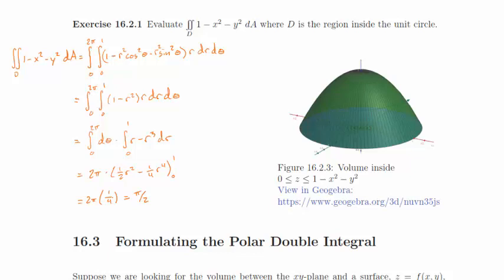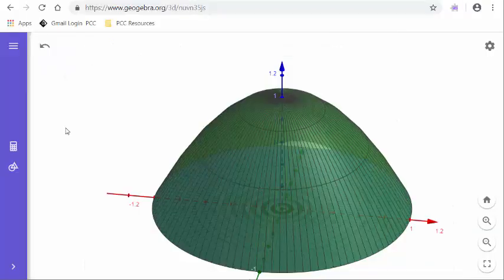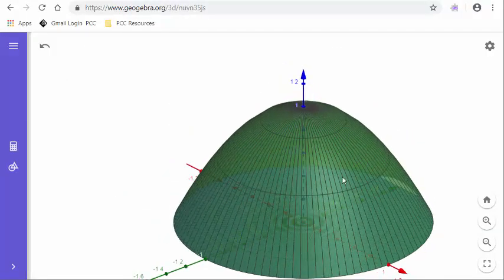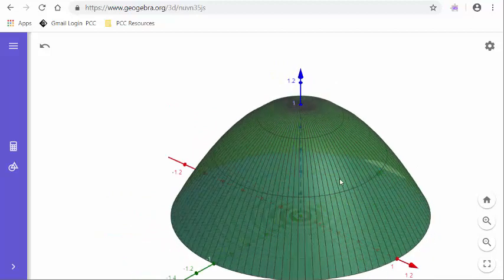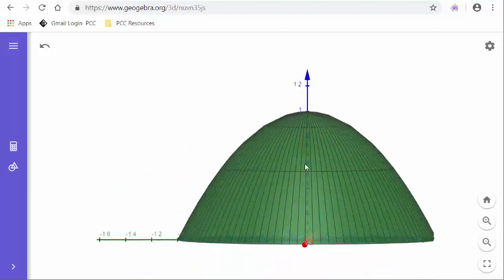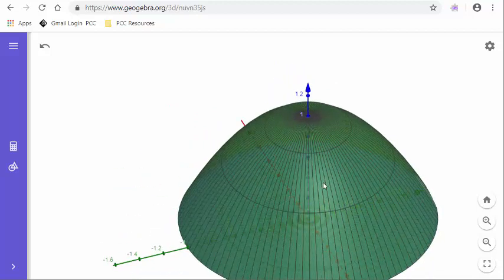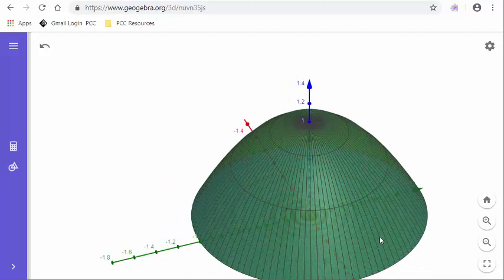And let's just go ahead and pull up this graph real quick. So here we have this cool looking, like, I don't know, cap of something. We're looking for its volume. This is a downward facing paraboloid.